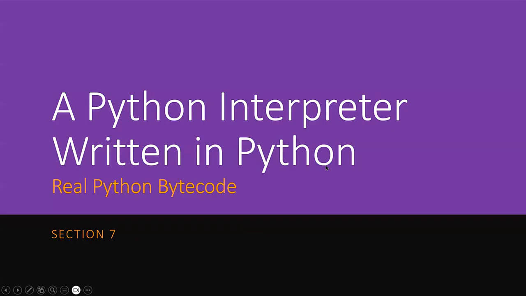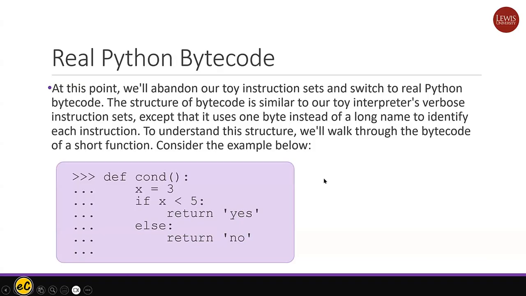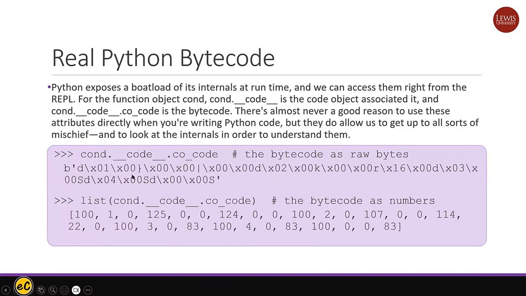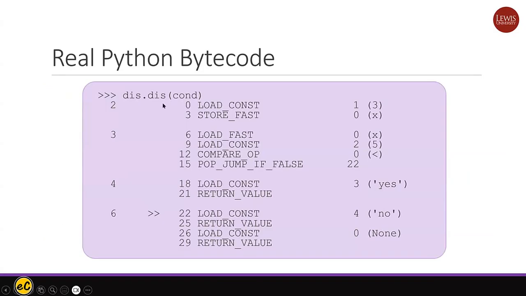Then we go into version 3, a little more detailed version called real Python run code, which uses real Python bytecode. You have a conditional statement in this one, and you generate the bytecode according to the disassembly result. This is the assembly code, or virtual machine code.